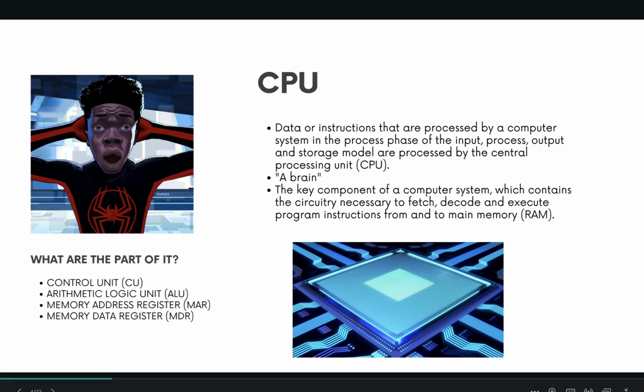What is important, you should know all the abbreviations, the short versions of the terms, because they are going to be examined. For example, on paper, it could be asked what is CU, or what is the difference between CU and ALU.